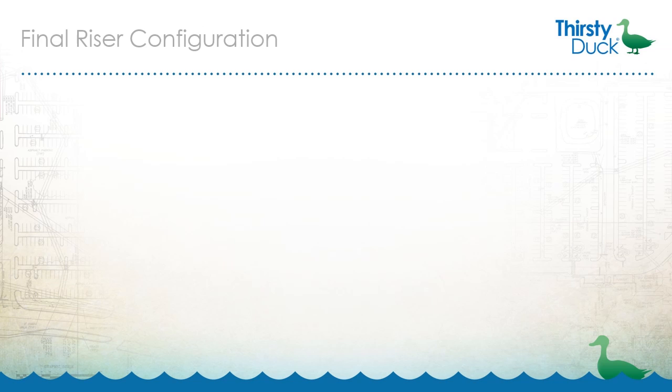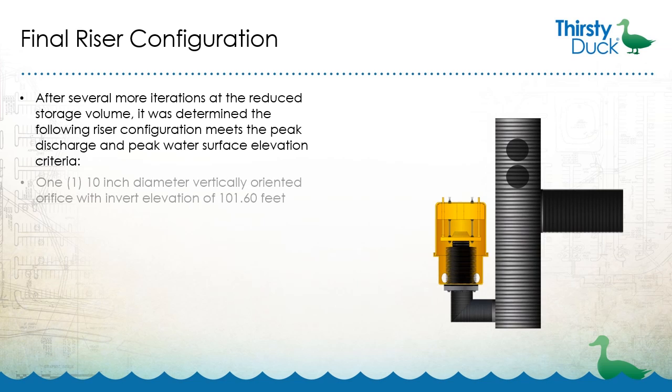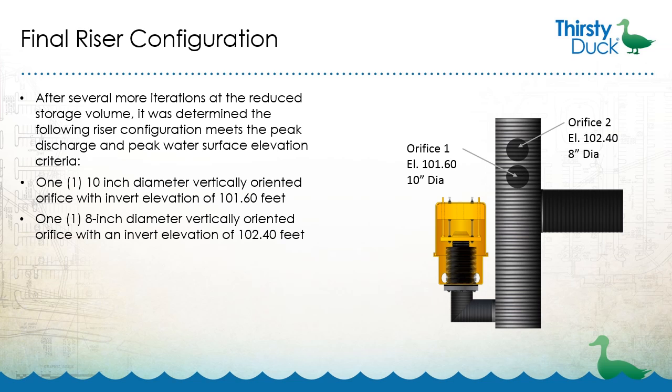After several more iterations at the reduced storage volume, it was determined the following riser configuration meets the peak discharge and peak water surface elevation criteria. 1 10-inch diameter vertically oriented orifice with an invert elevation of 101.60 and 1 8-inch diameter vertically oriented orifice with an invert elevation of 102.40.